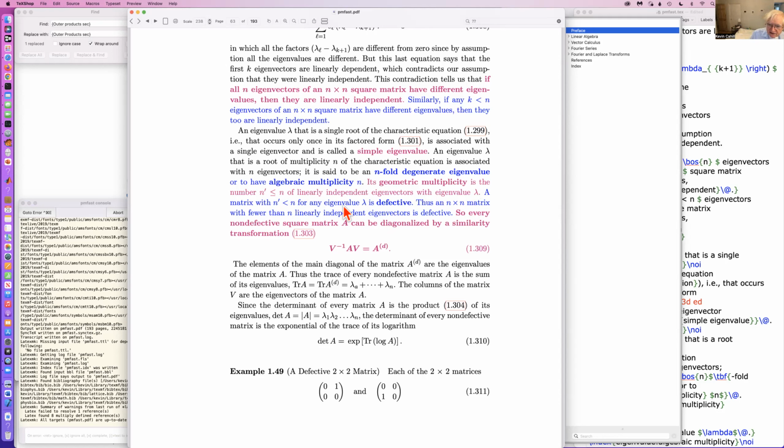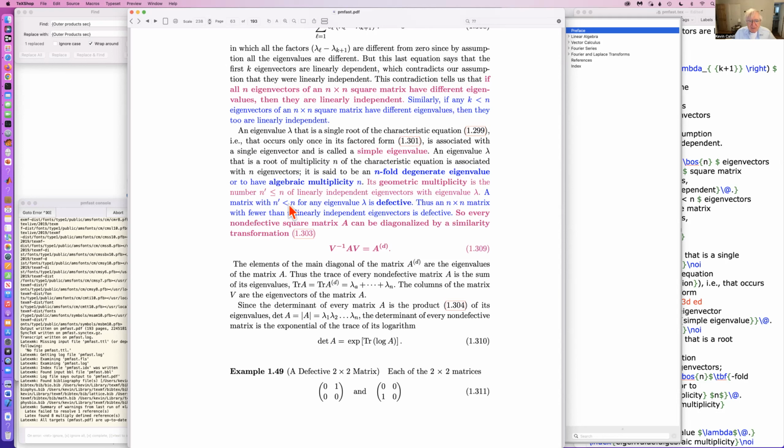So basically, if you have a one-to-one match between the eigenvalues and the linearly independent eigenvectors, then I guess you have a nice matrix, but I'm afraid I've lost track of what I was going to say there.